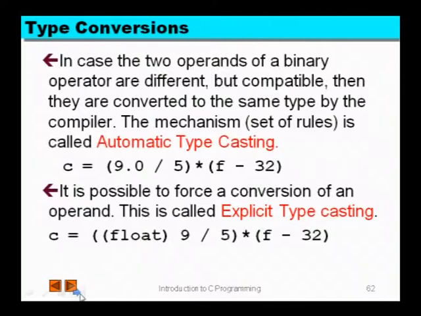No doubt 9 by 5 is an integer, and if you consider it as integer you will get the result as 1, but as we have defined 9 by 5 as a float, the value will be converted into a float value. You will get the result as 1.8 multiplied by f minus 32. That is what we call explicit typecasting.